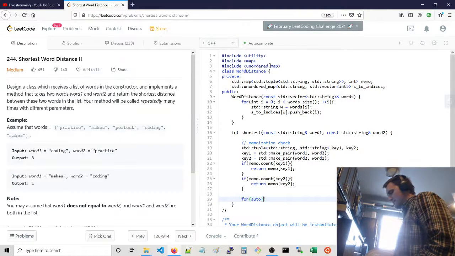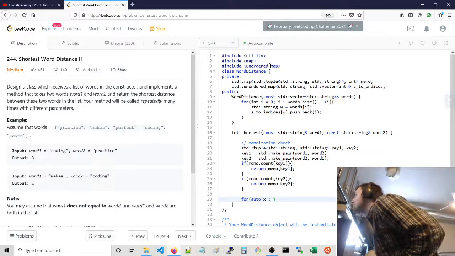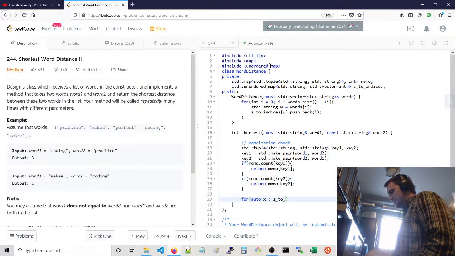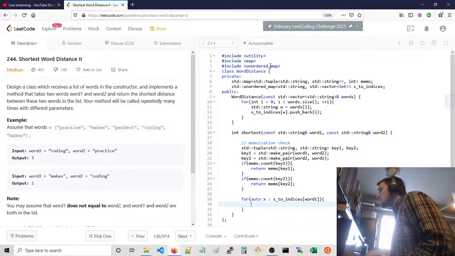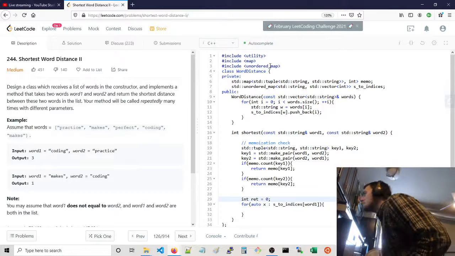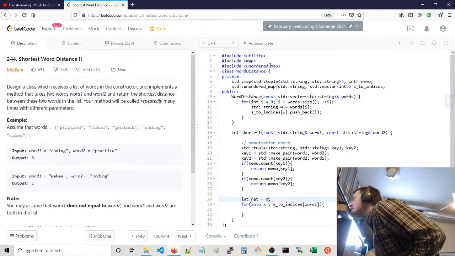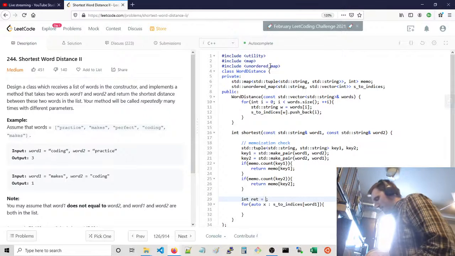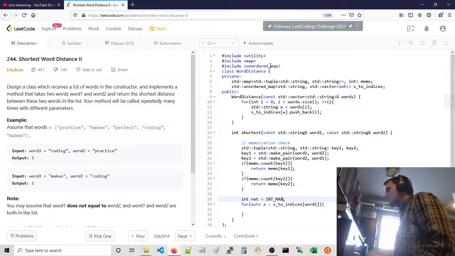And then we're going to say for int I equals 0, or rather, really it's for auto x in S2 indices of word 1. And really it could be just int max, you know.